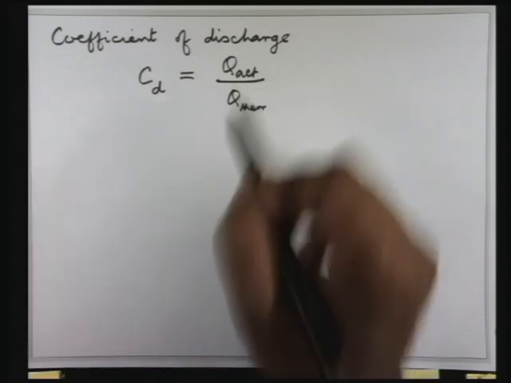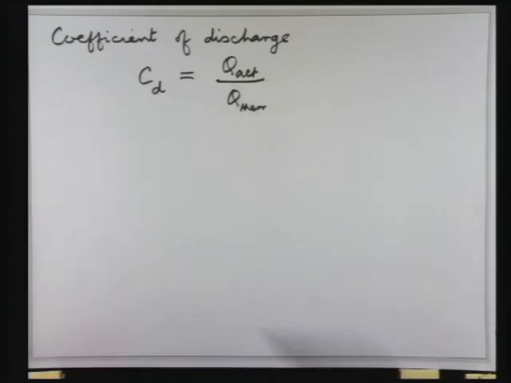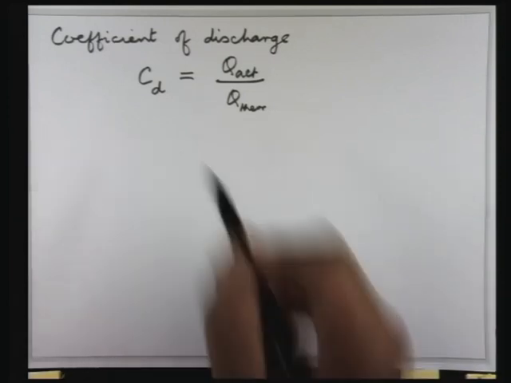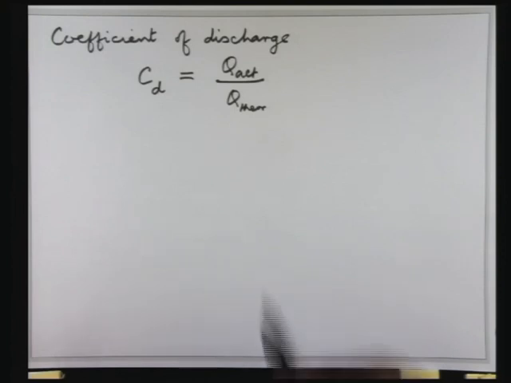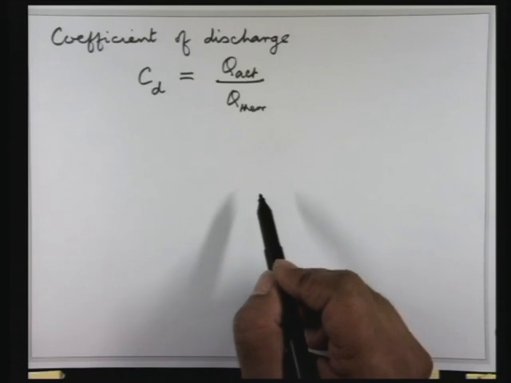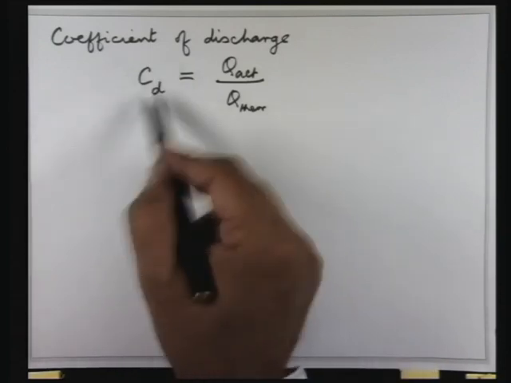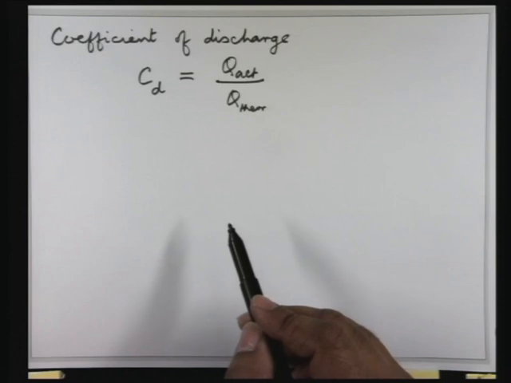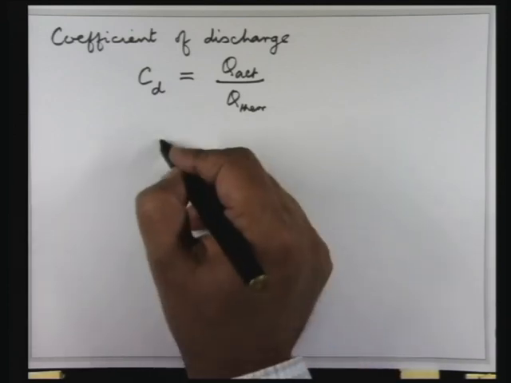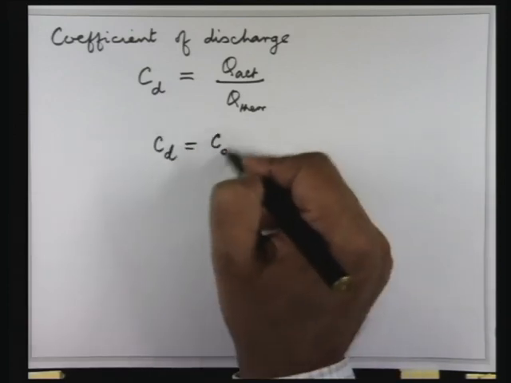Of course, this is assuming that Bernoulli's equation is valid, whatever expression we got. Now you can do a calibration experiment in the lab and measure C_D for different flow rates, and this C_D will be less than 1 because of viscous losses, and the losses are going to be characterized by a non-dimensional number which you are familiar with. It's the Reynolds number. So for a given geometry, A1 A2 ratio, your C_D will be a function of Re.